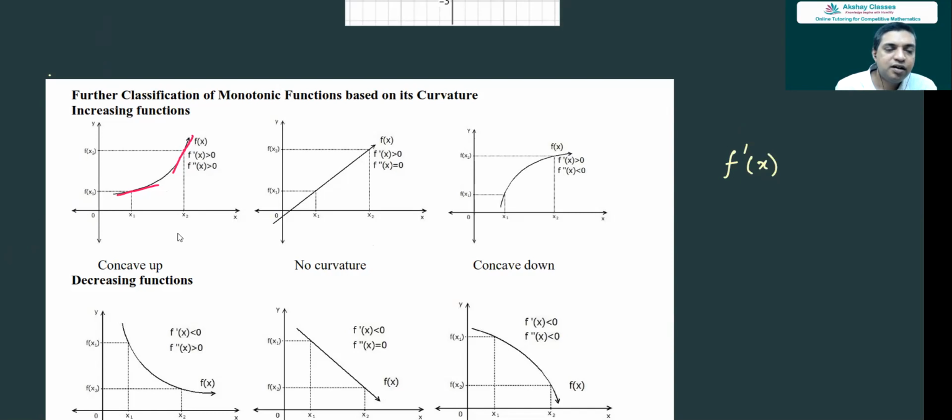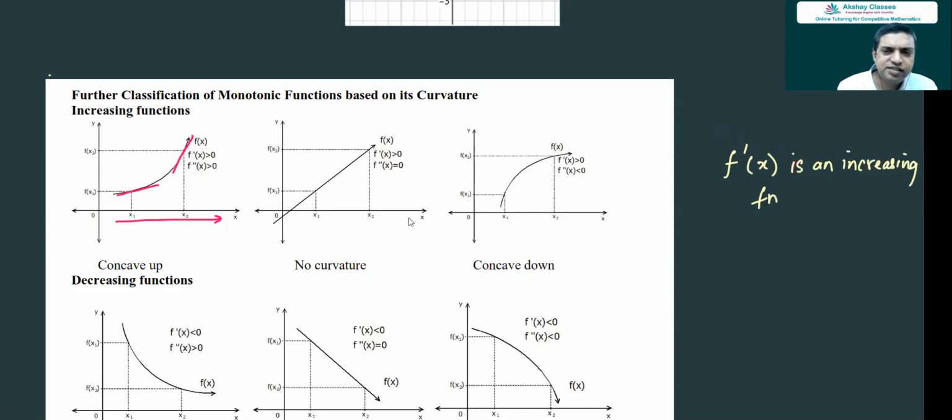So now what is happening is, when you study these slopes, as you move from left to right on the x-axis, the slope value for this function is increasing. So in this case, f dash x is an increasing function. In the first case I'm talking about.